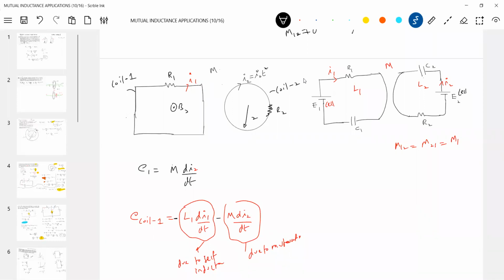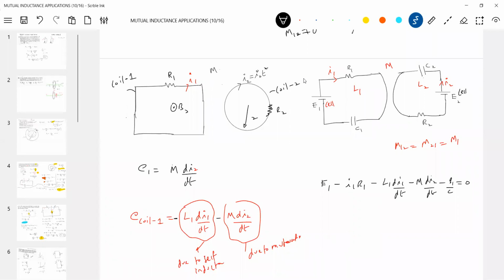Then what is the overall equation? E1 minus I1R1, minus L1 di1 by dt, minus mutual inductance M di2 by dt, minus Q1 by C1 equal to 0, where Q1 is the charge on the first capacitor. This is what happens.